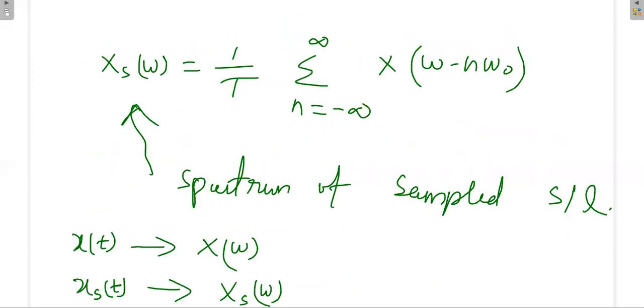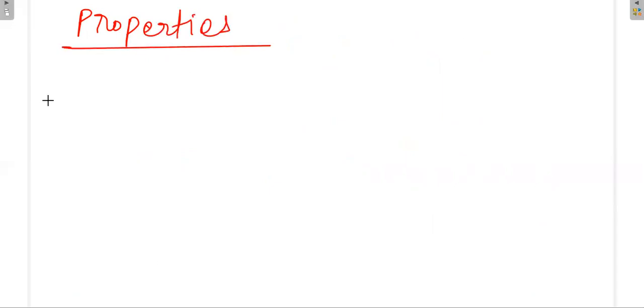Next we'll list out all the properties, only the properties. First one, linearity.